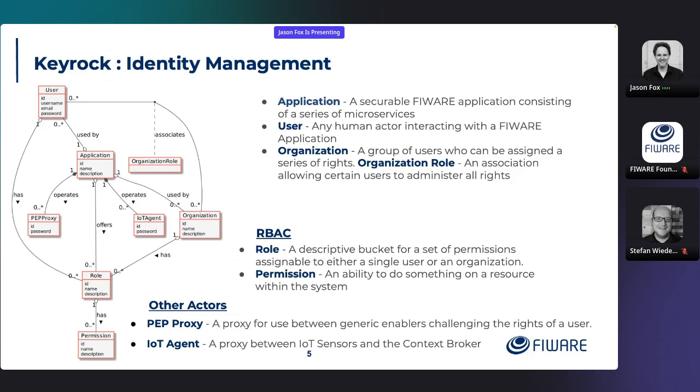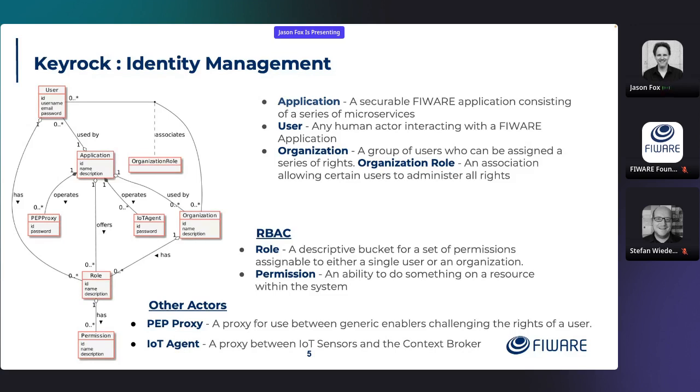The basic idea behind KeyRock is that it's got a database with these entities within it, and you define an application somehow. And I'll show the GUI and how to do things programmatically if necessary. An application consists of a series of microservices, and users or other actors like the PEP proxy or an IoT agent are allowed to be associated with that application.